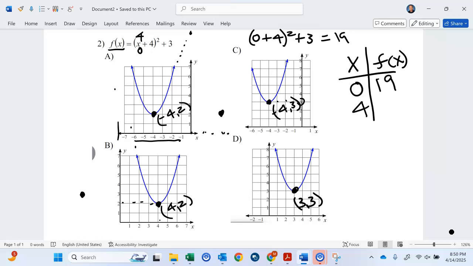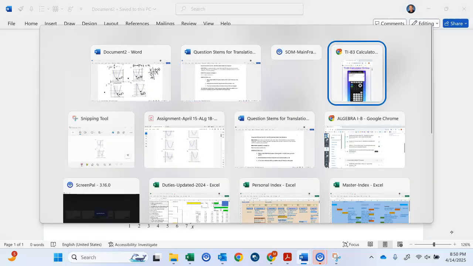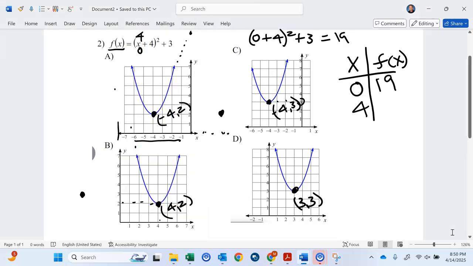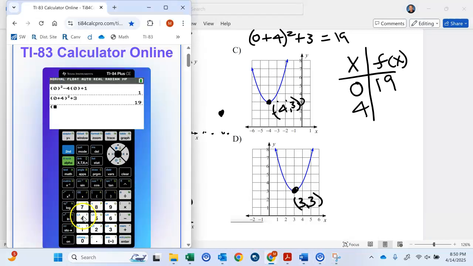And so when we do it, what do we get? I know you can use your calculator, and I'm going to let you do that. But what I get is a really big number. I get 4 plus 4, in parentheses, squared, plus 3.